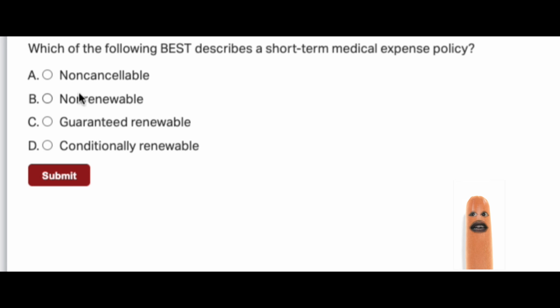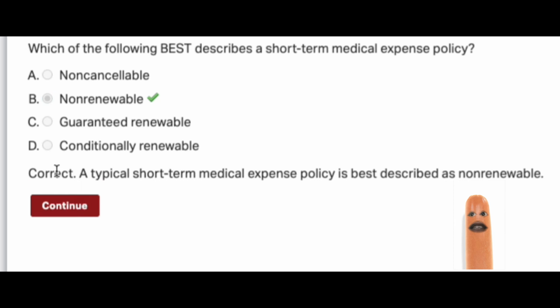I'm gonna go with non-renewable. Bebop for 50 points. Ding! Correct. A typical short-term medical expense policy is best described as non-renewable. That's right. Take notes. All right.